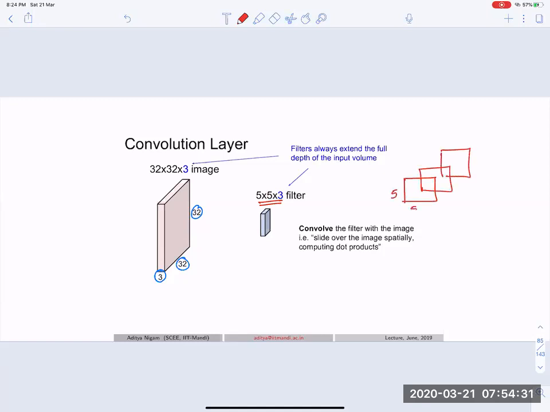These 25 values are for the R channel, and this is for the G channel, and this is for the B channel. So you are getting a volume, a Rubik's cube type volume. If you think about a Rubik's cube, that's 3 by 3 by 3. Here it is 5 by 5 by 3. I take this, and if I wanted to know something about this pixel, I have to place this Rubik's cube over here. So if I place the first face over here, then the second face will be here, and the third face will be here.